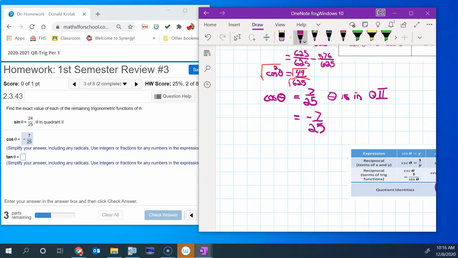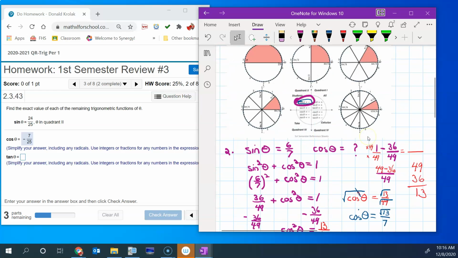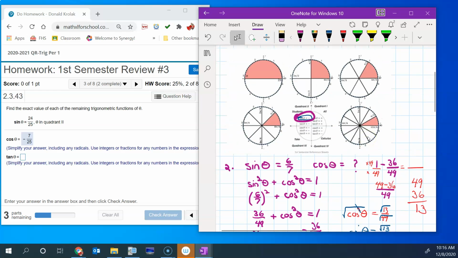All right, so this is number 3 still. So we know cosine is negative 7 over 25. Okay, sine is 24 over 25. And we're in quadrant 2, so when we're done, the tangent is going to be a negative value.